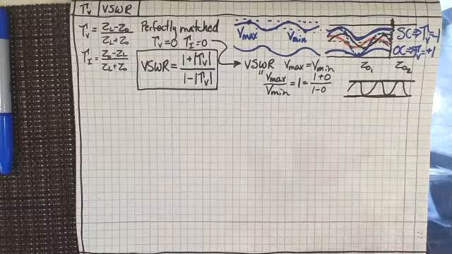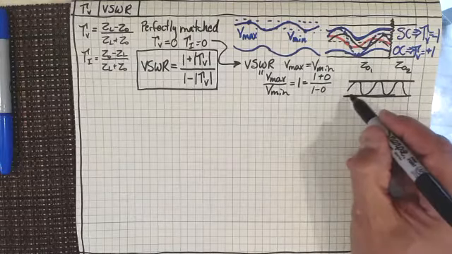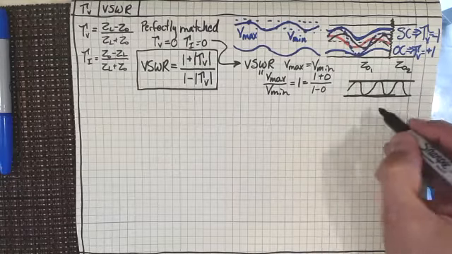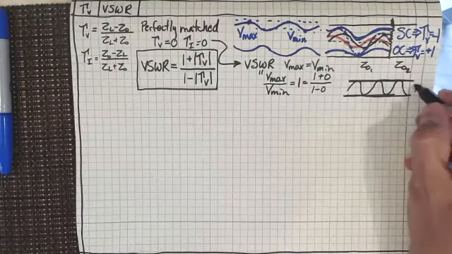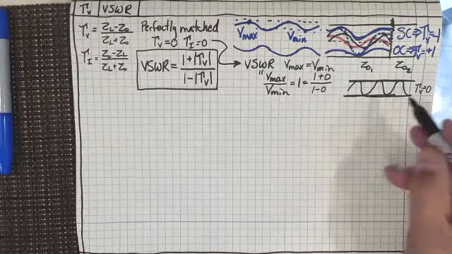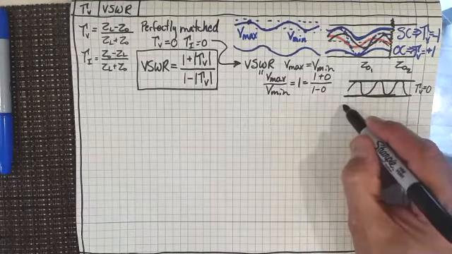Okay. Now, what happens if I have a reflection coefficient, let's say 0.3? So this is the reflection coefficient, right? 0. Let's say that I had one for 0.3.